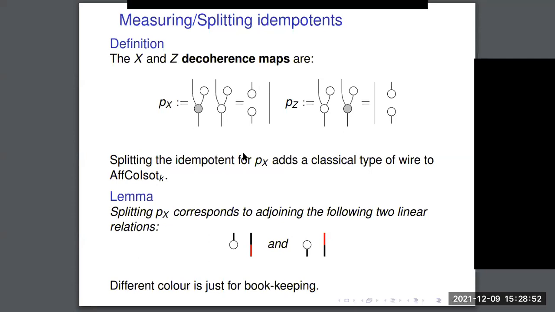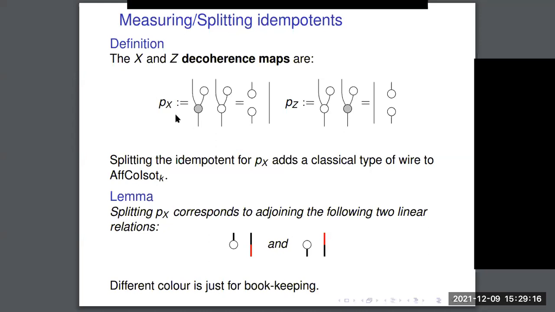So if you want to work in a multi-sorted prop where you have a type of wire for classical and a type of wire for quantum stuff, then you can do what people have done before and split the idempotent corresponding to the decoherence map. In this case, we'll just split one of them because it's equivalent to splitting both.